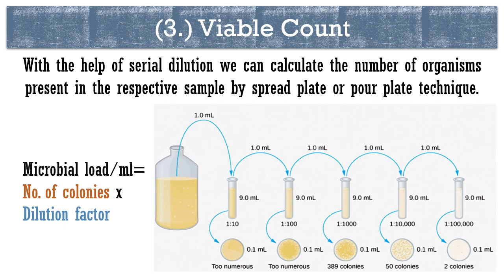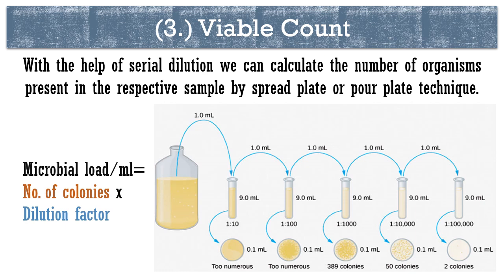So basically it is an indirect method of cell number count. Any plating method starts with a serial dilution. You have already performed serial dilution several times and know the concept behind it.